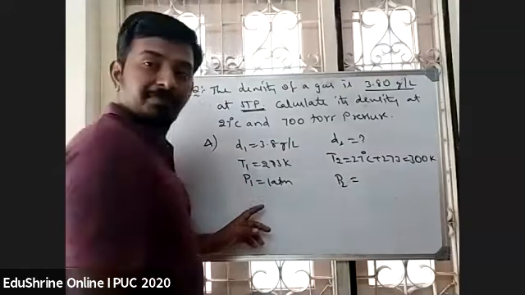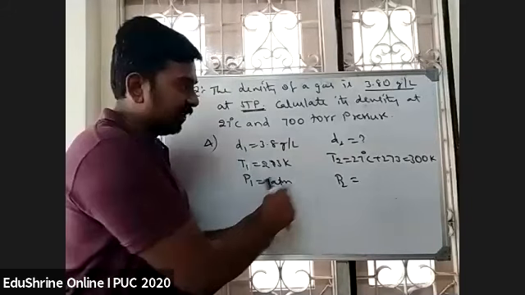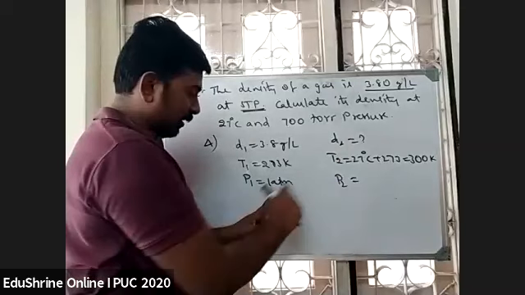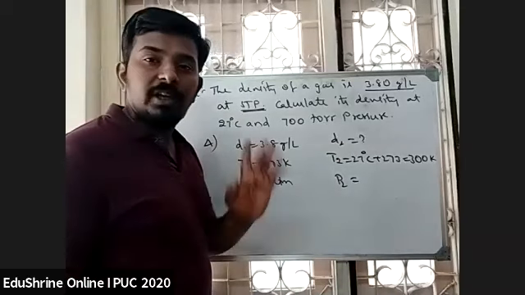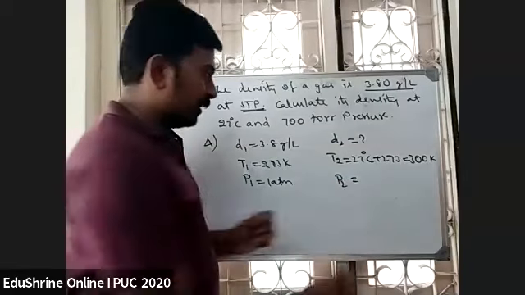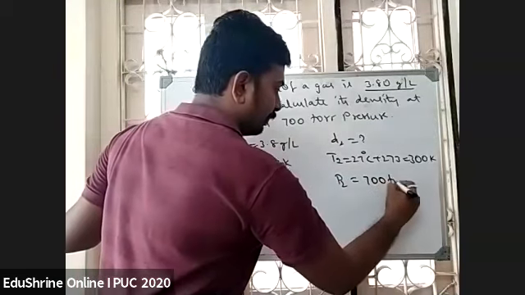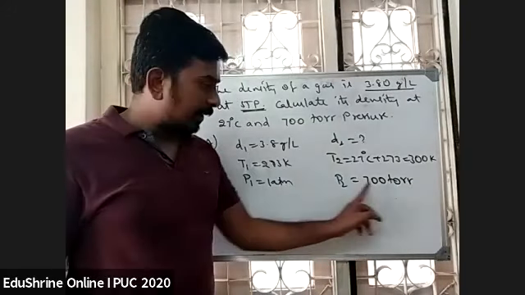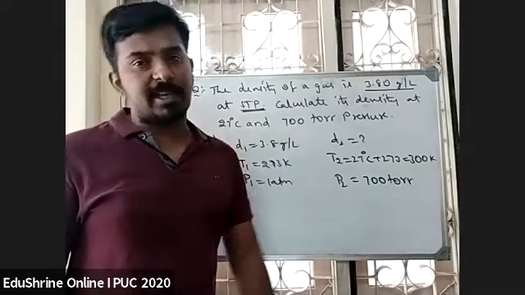See students, this you have taken in atm, take this also in atm, or if you want to take in torr, convert this also into torr. Anyhow you can do. This is given as 700 torr. So either you convert this into torr or convert the other into atm. Both must be in the same units.